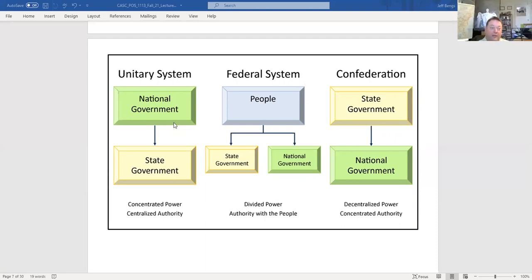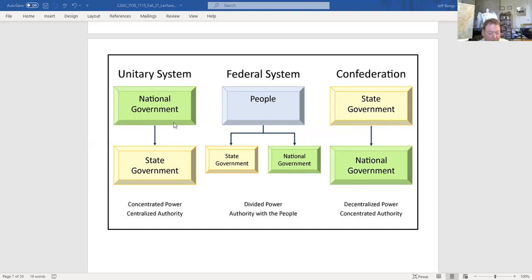So think about King George in Parliament in London, and they're ruling over the 13 colonies. And it was King George in the Parliament that assigned the governors of each state. And if the states had parliaments, some were allowed to do so based on voting in the state, but this was all upon the approval of the national government.